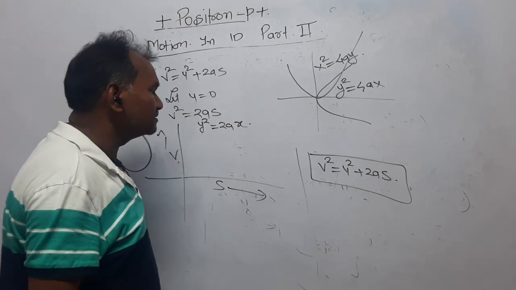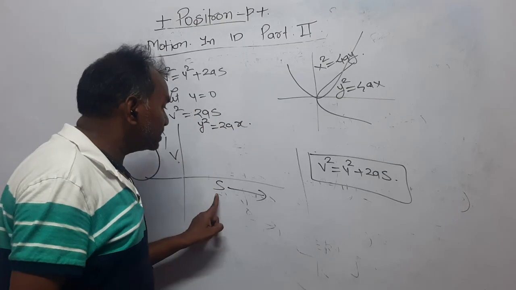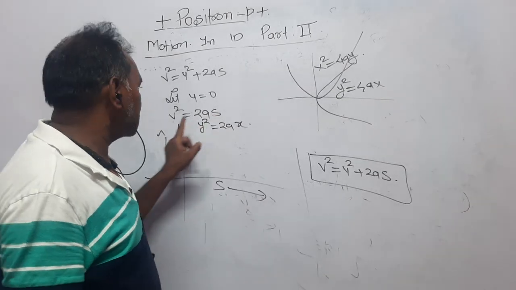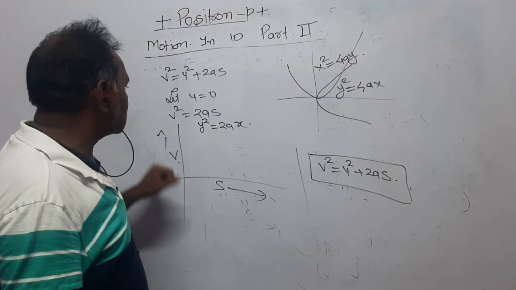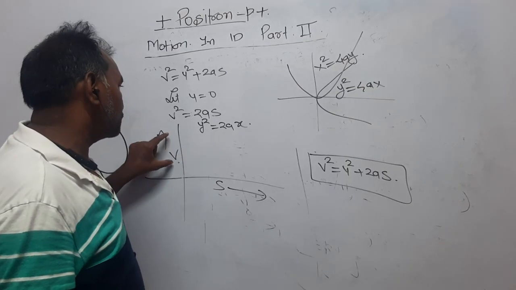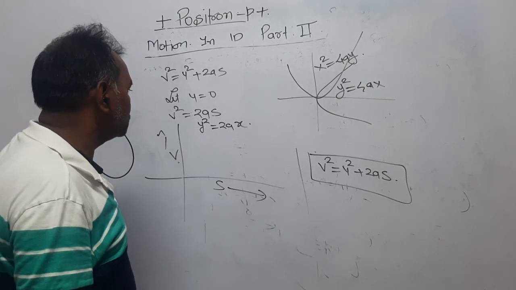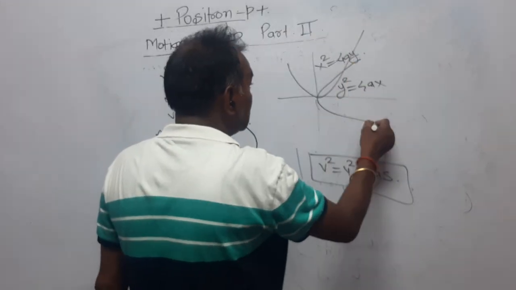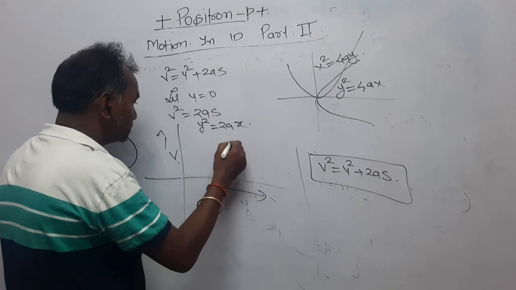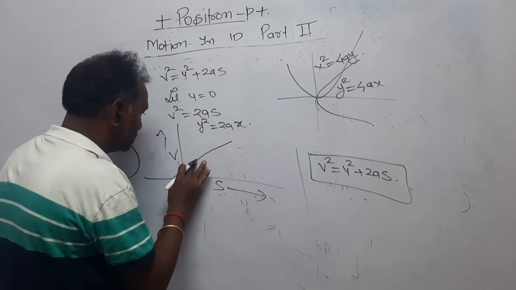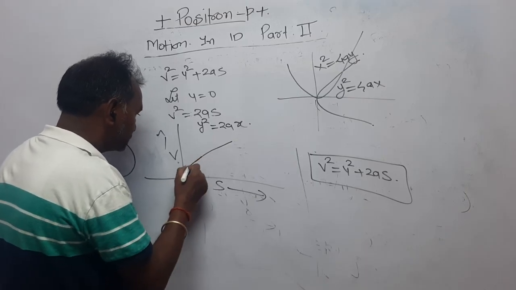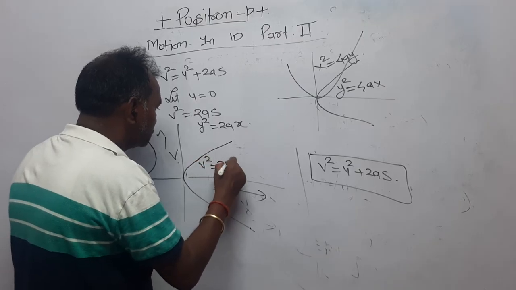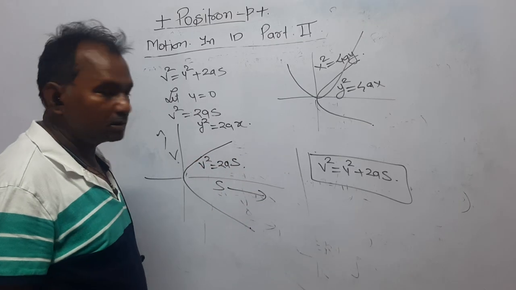So what am I writing? Displacement is on the x-axis, so I am replacing s by x, and velocity is on the y-axis, so replacing the velocity by y. So y square equal to 2ax. That is what we have to plot. Dear student, this graph will be like this. v square equal to 2as, right?